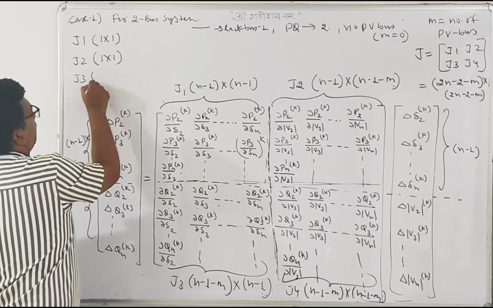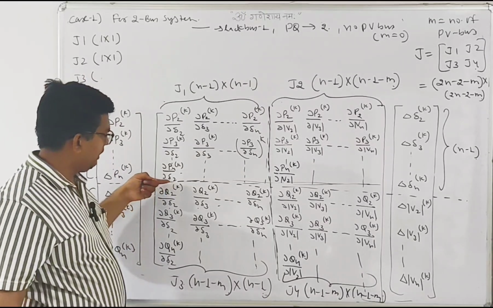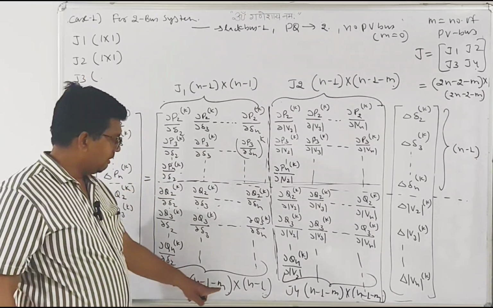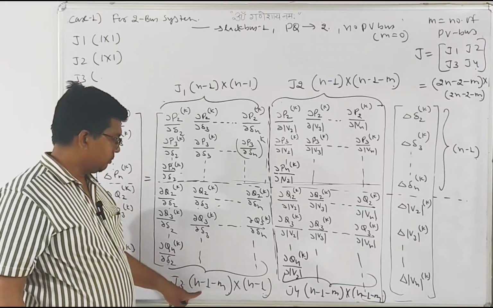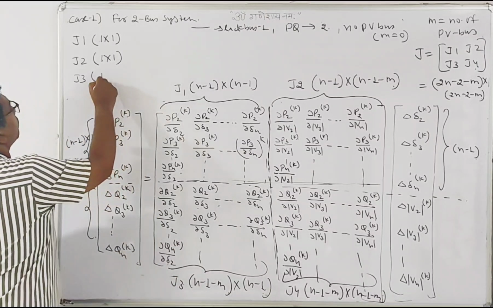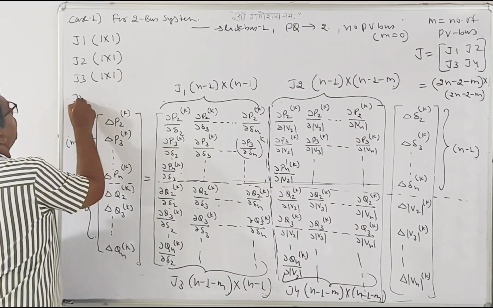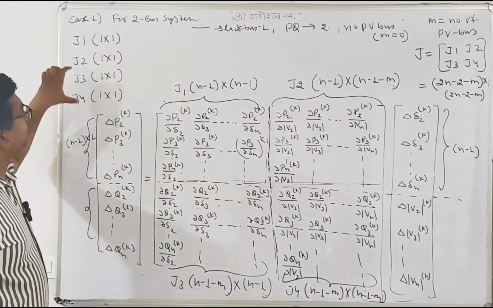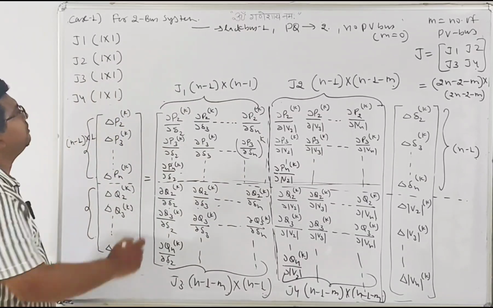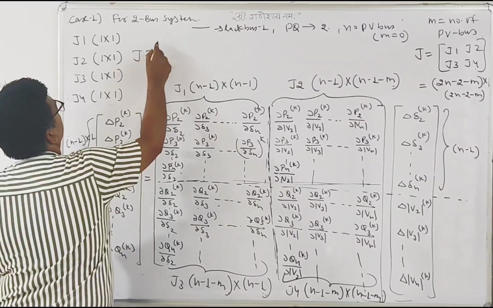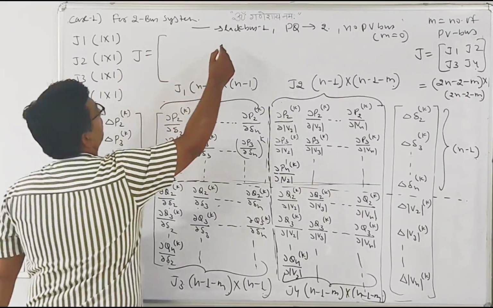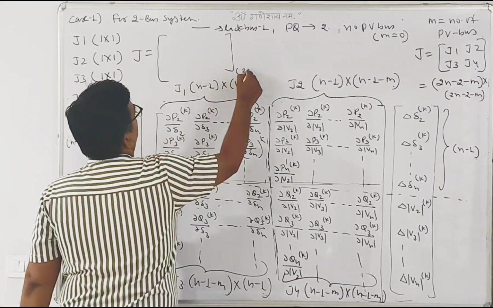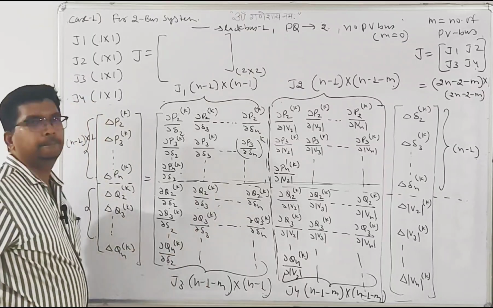What is J3? M is 0, so this also becomes 1 cross 1. What is J4? This is also 1 cross 1. It means for a 2-bus system, J is nothing but a 2 by 2 matrix. This is a very important thing.